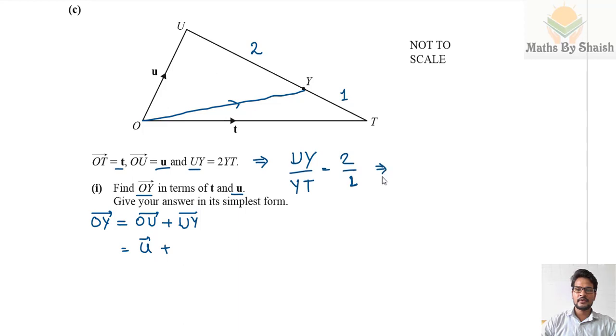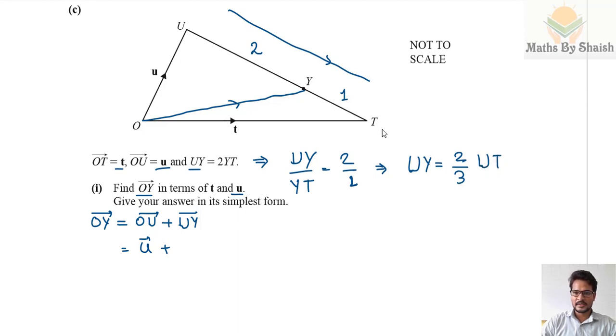Whenever we have something given in a ratio, the portion of UY in terms of the total is 2 upon 2 plus 1, that is 2 over 3 of the total, and the total we can take as UT.